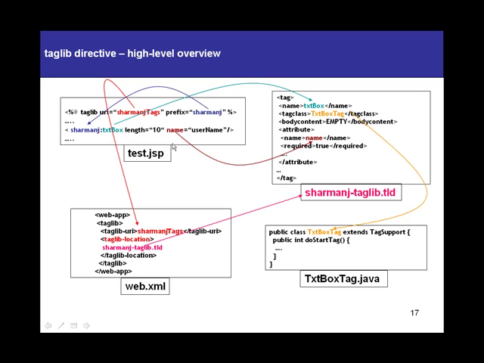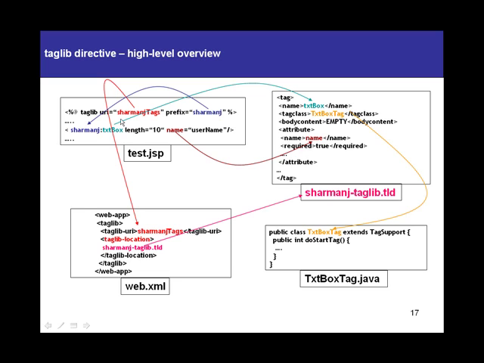Now in my JSP I need to use the logic present in this text box tag.java to represent my text box, right? So here I give the Taglib directive and I say URI is equal to Sharman's tags and prefix is equal to Sharman's, right?